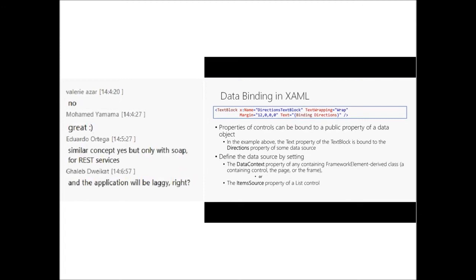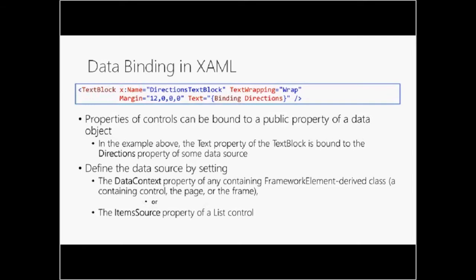So in text, instead of just writing the value, we can say for the directions, on the text itself equal binding directions, which means look for the object that this text box contains as its data context, look for a property called directions, and then add it as a value for the text box, which is exactly what we're going to do.